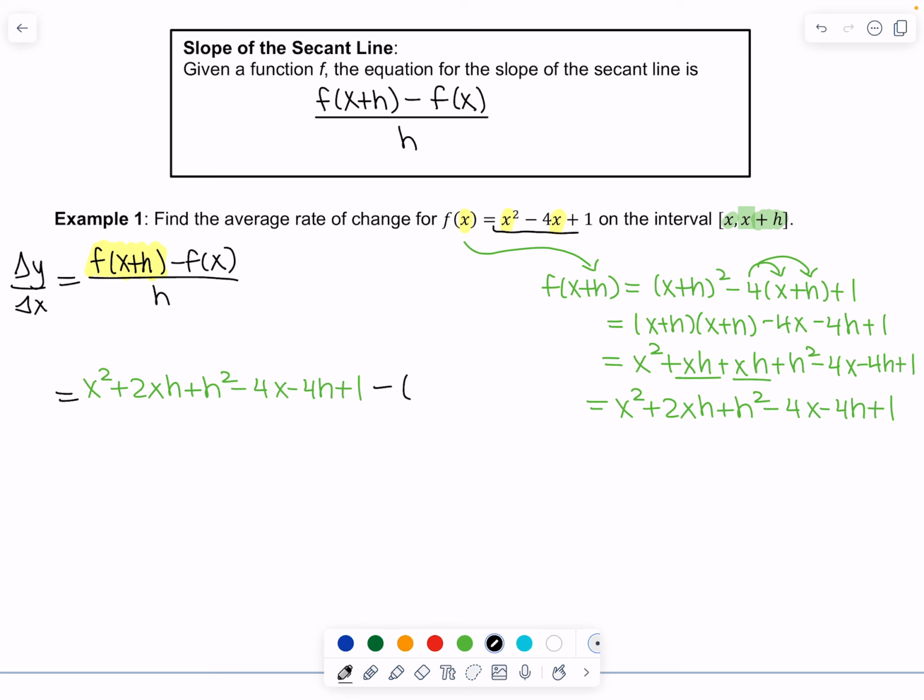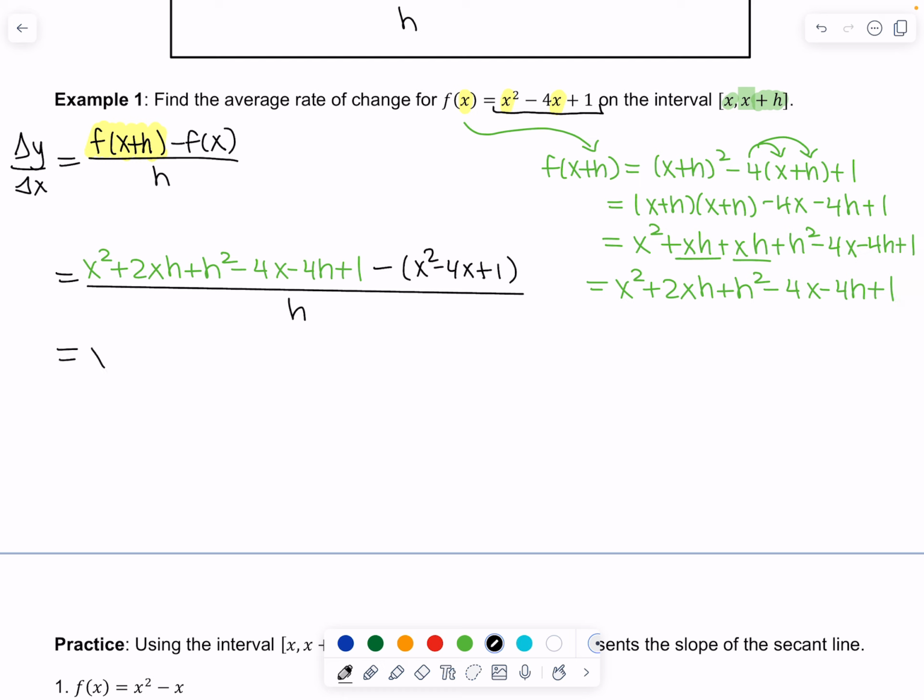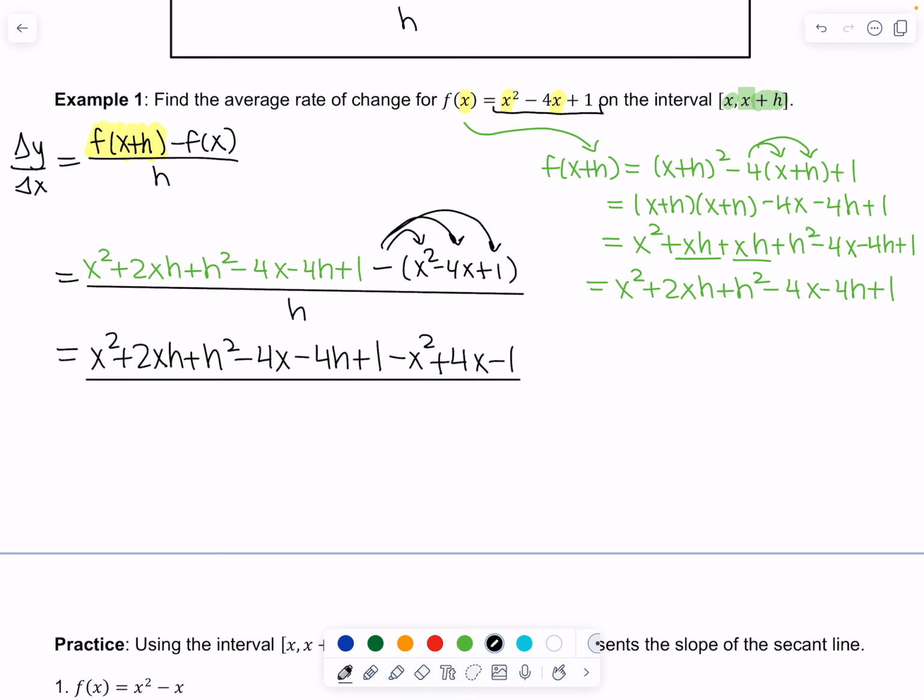So f of x is the whole quadratic, x squared minus 4x plus 1, all over h. So we get x squared plus 2xh plus h squared minus 4x. We're going to try to reduce this as much as we can. I'm going to distribute this minus sign into my f of x, so minus x squared plus 4x minus 1 all over h. And then I'm going to look to see what cancels.